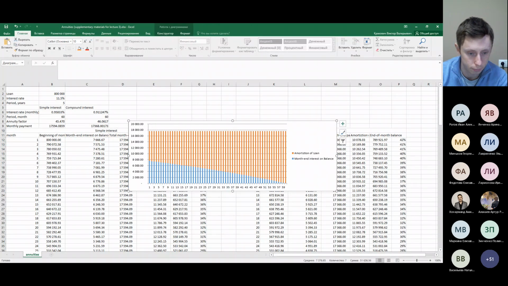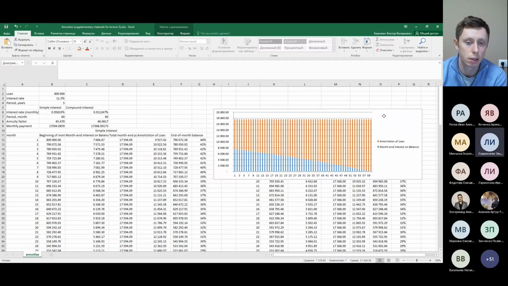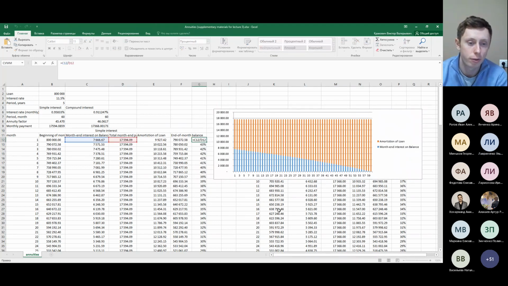Can I ask a question? Yes, Uliana. What does the percentage in the last column mean? Percentage? This one? Yes. This is a fraction of the money we pay to cover the interest in the total value of the annuity.